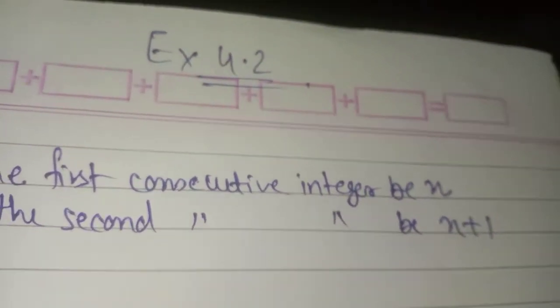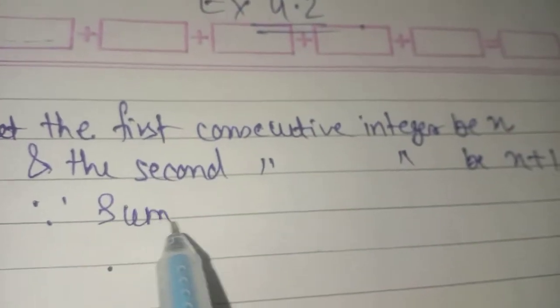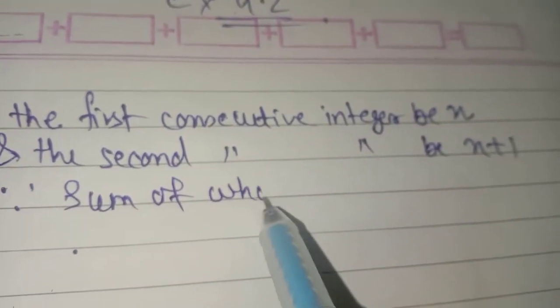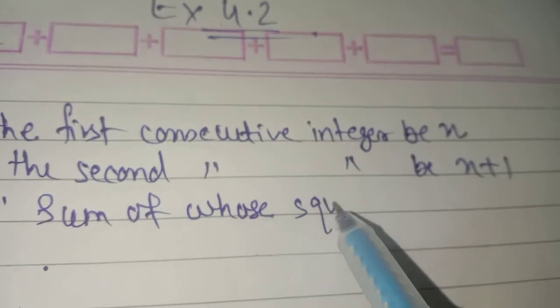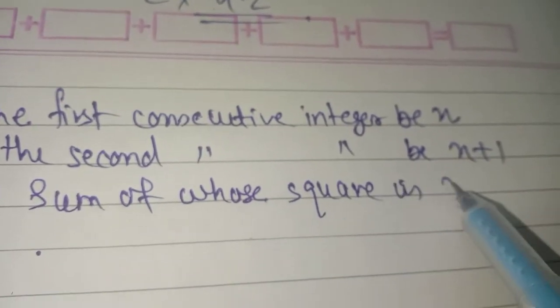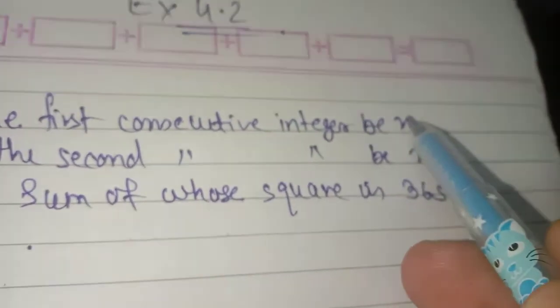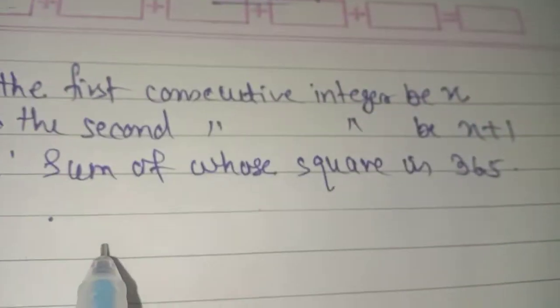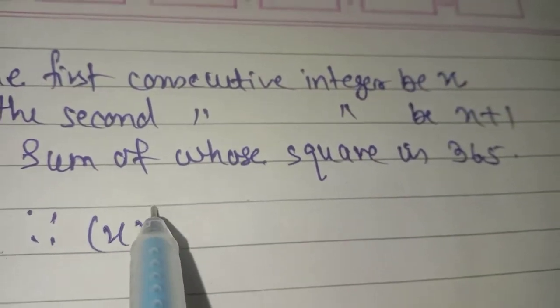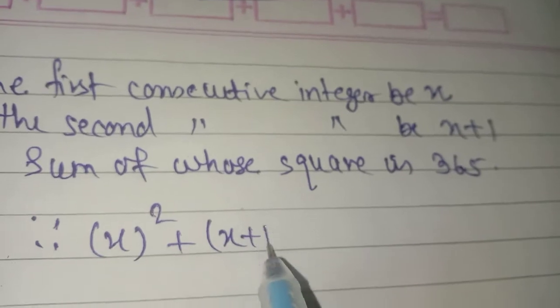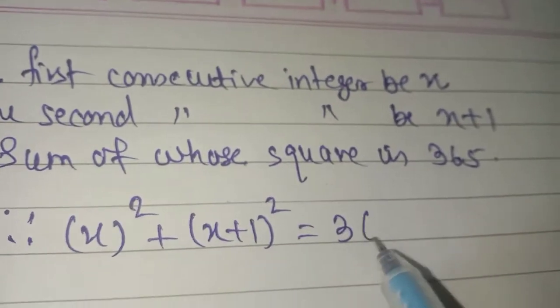Now the sum of their squares is 365. So we will write, since the sum of whose squares is 365, means sum of their squares. Therefore x square plus (x plus 1) whole square is equal to 365.